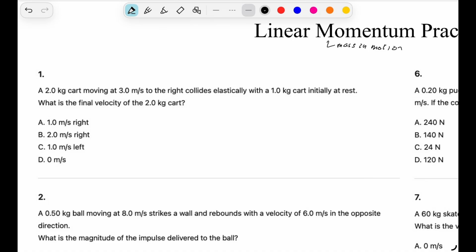A 2 kilogram car moving at 3 meters per second to the right. So you have a car, we're going to the right. And this is 2 kilograms.